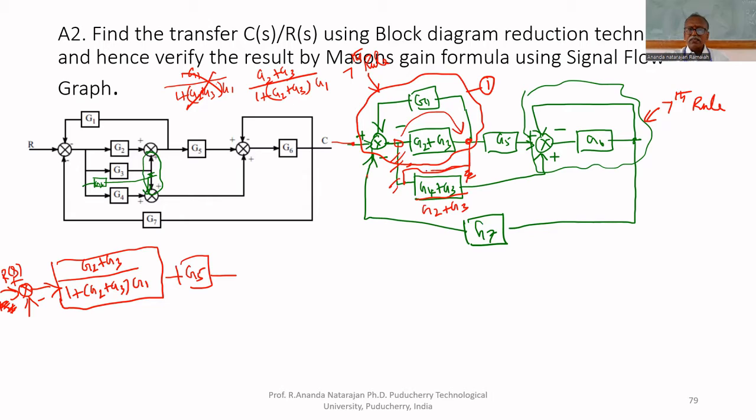This red line is in parallel with G5. Am I correct or not? This red line, follow this red line. This G4 plus G3 upon G2 plus G3 is in parallel with G5. Am I correct or not? Therefore, what I can do is add it with G5.